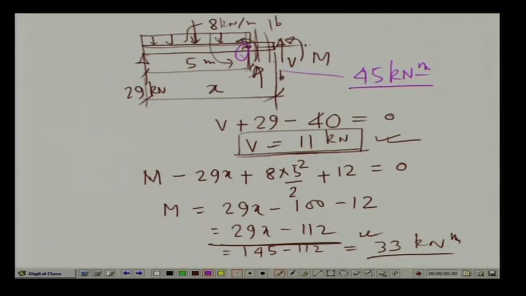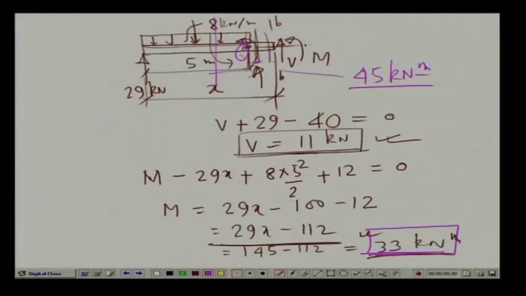From this end we had considered a section, the section was valid up to this particular end where the concentrated moment is applied. Now, immediately after this concentrated moment, when we take the effect of this concentrated moment, we find that the moment value has come down to 33 kilonewton meter.